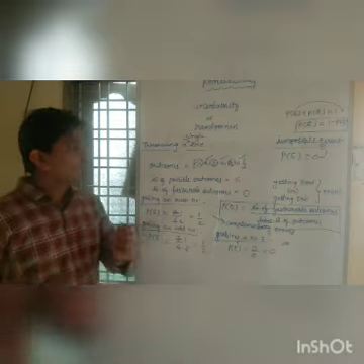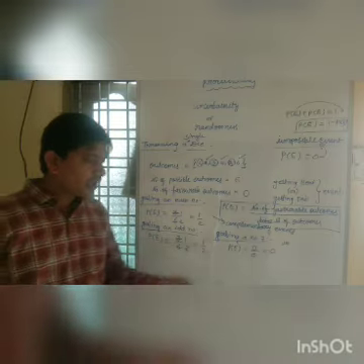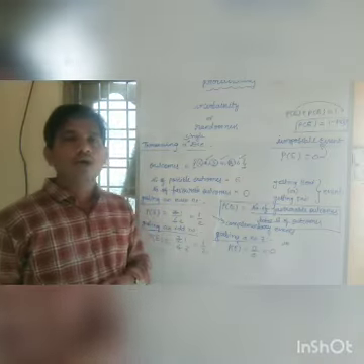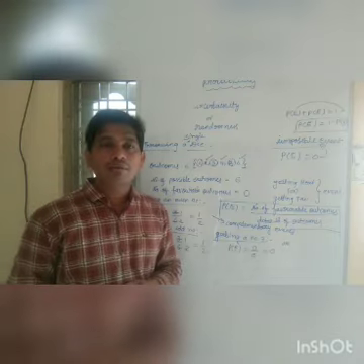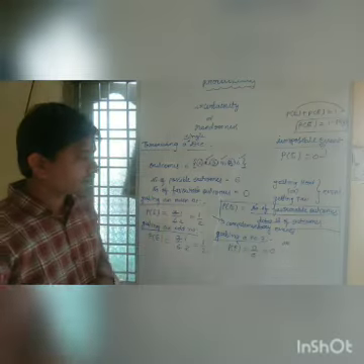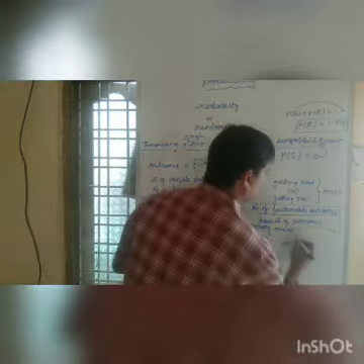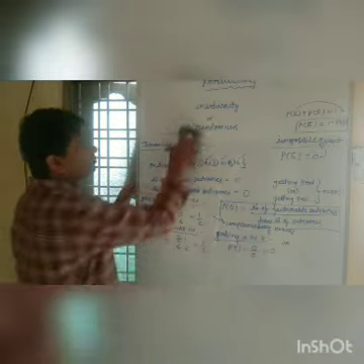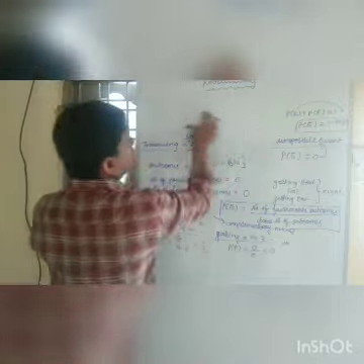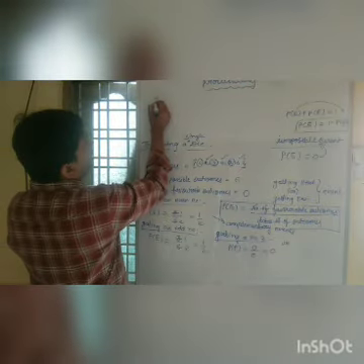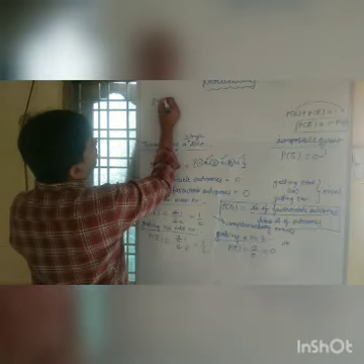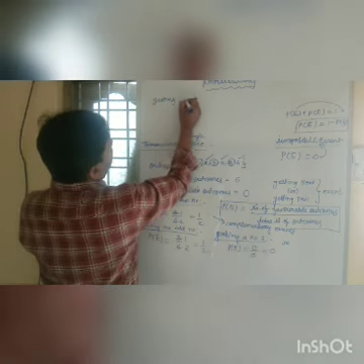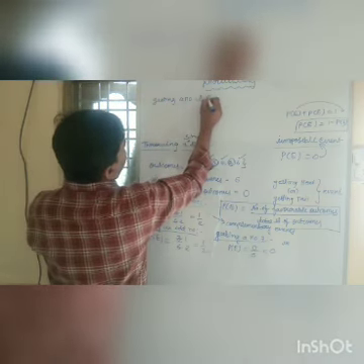Now coming to one more question: when we throw a die, what is the probability of getting a number less than 7? My event is getting a number less than 7.